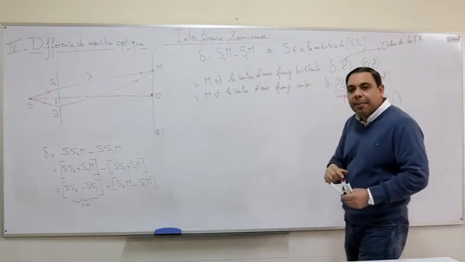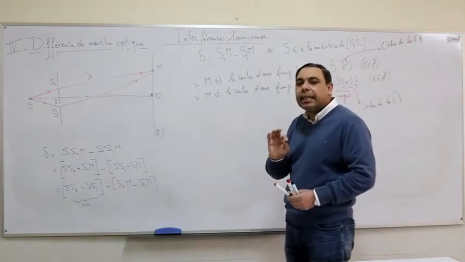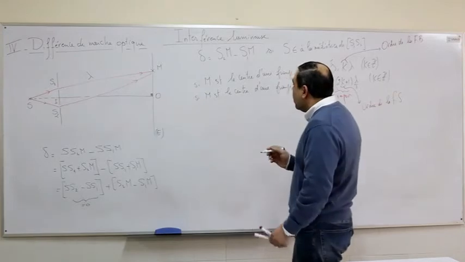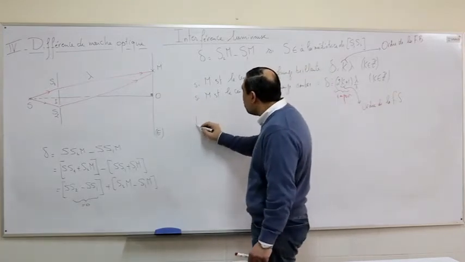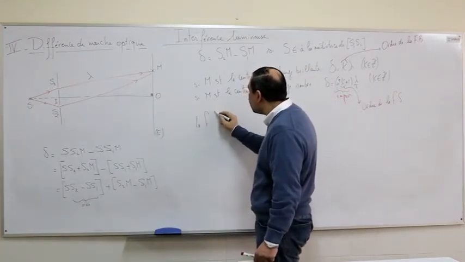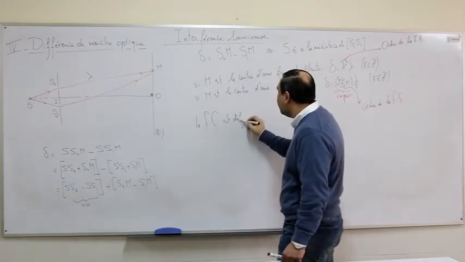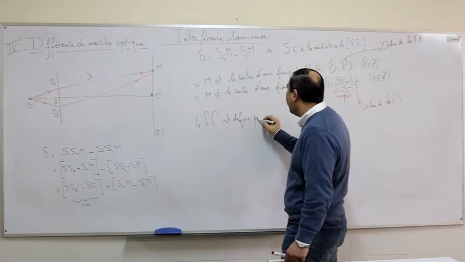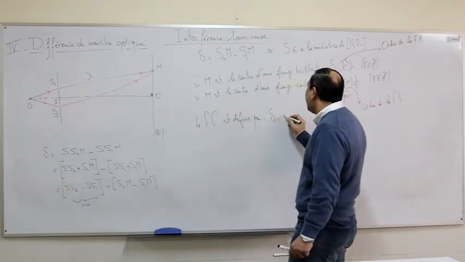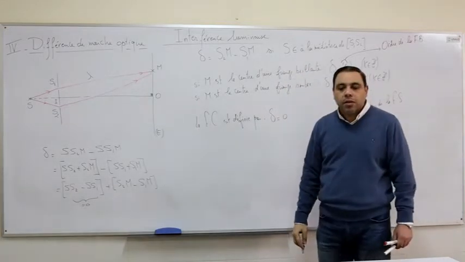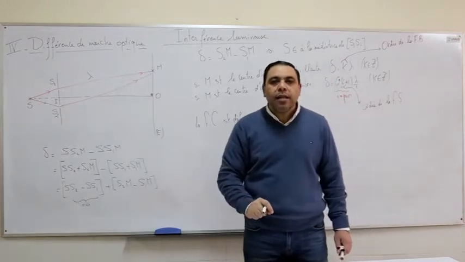We are going to mention a very important note here. The central fringe is defined by delta equals 0. The optical path difference at the central fringe is always 0.